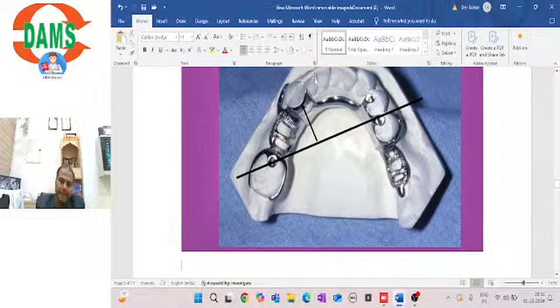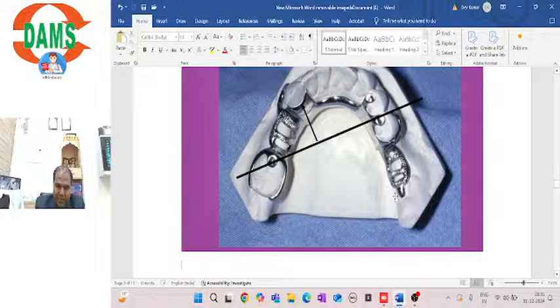Okay, one more thing you are able to appreciate in a distal extension case, this one you can see is a tissue rest. Remember this, it is a tissue stop, mainly given in distal extension cases. Why? Because it avoids distortion during casting.